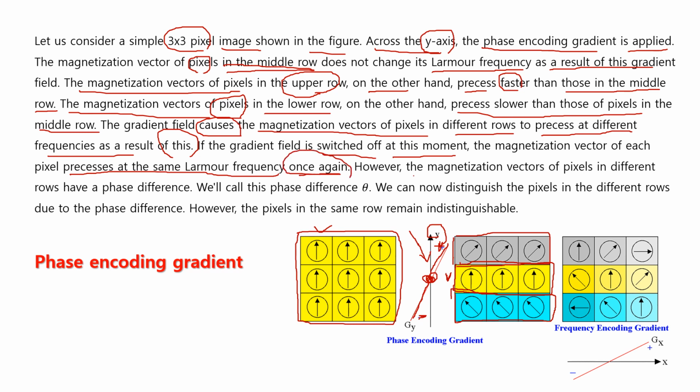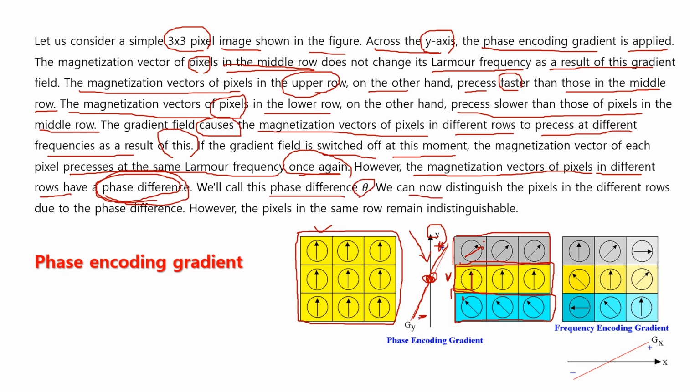However, the magnetization vectors of pixels in different rows now have a phase difference. You can see here the phase is different, right? The starting point of the precession is different. We'll call this phase difference theta.